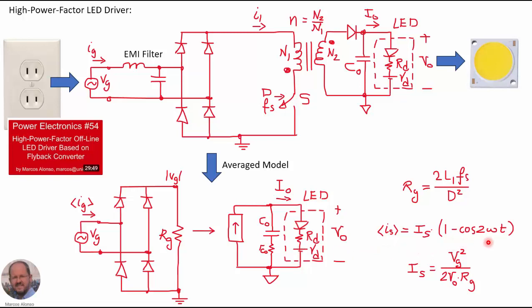And this is the value of the current that we obtained in the previous video for this current source. For this, we considered that the instantaneous power that goes into the input resistor goes directly to the output. So from this circuit here, we will be able to obtain the dynamic response of our converter.